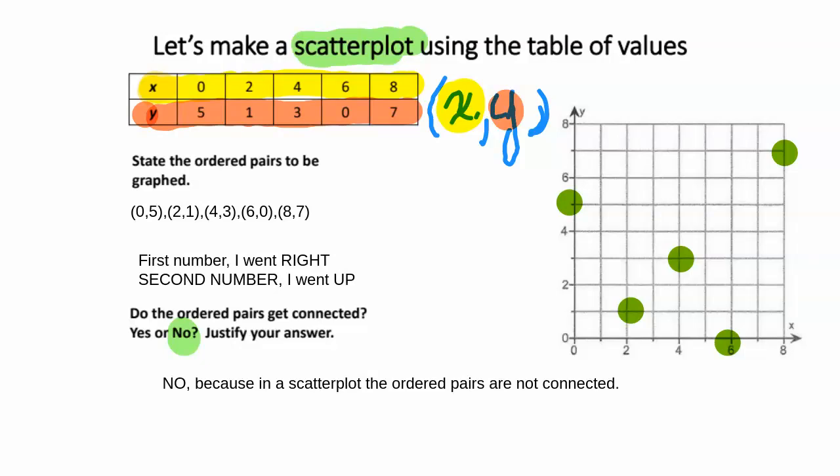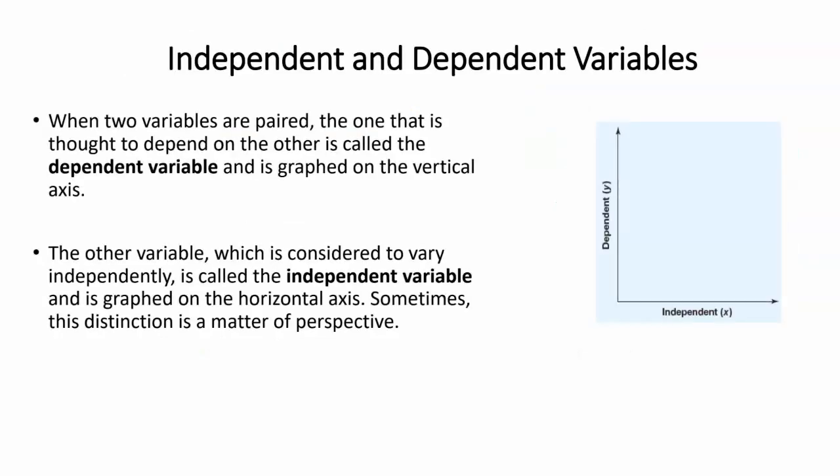Now, going on, this is going to bring in 2 more vocabulary words. These are called independent and dependent variables. Now, I like to start out with the independent variable because it sits on the horizontal, or what we call the x-axis.